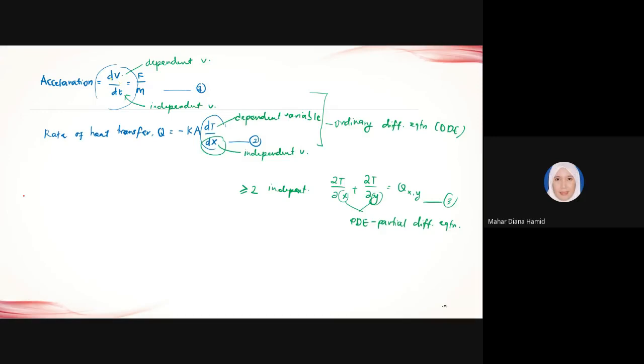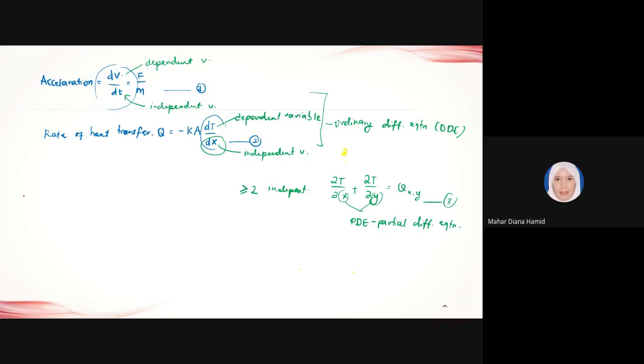So that's why we use dv over dt. However, if you refer back to equation 3, you will see that the temperature T is partially differentiated with respect to two components, namely X and Y. So that's why we have del here.